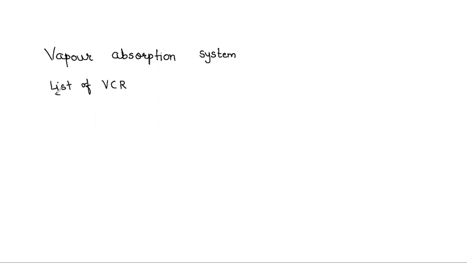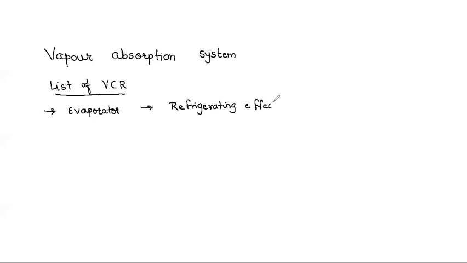So, the important components of the vapor compression refrigeration system: you know that it has an evaporator. The evaporator has an important role as a heat exchanger, wherein we get what is called the cooling effect or refrigerating effect.